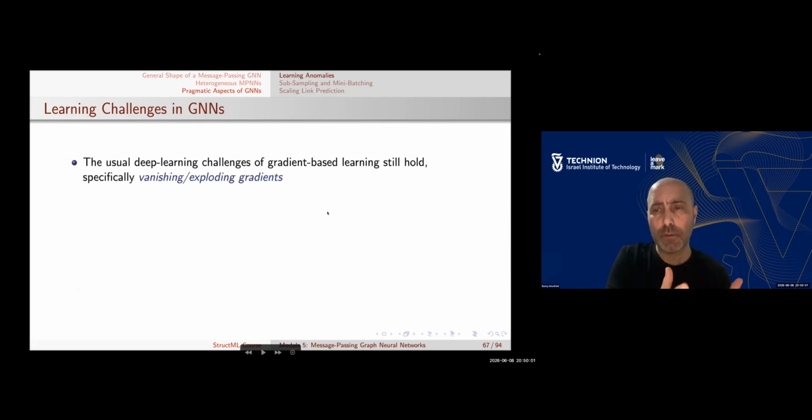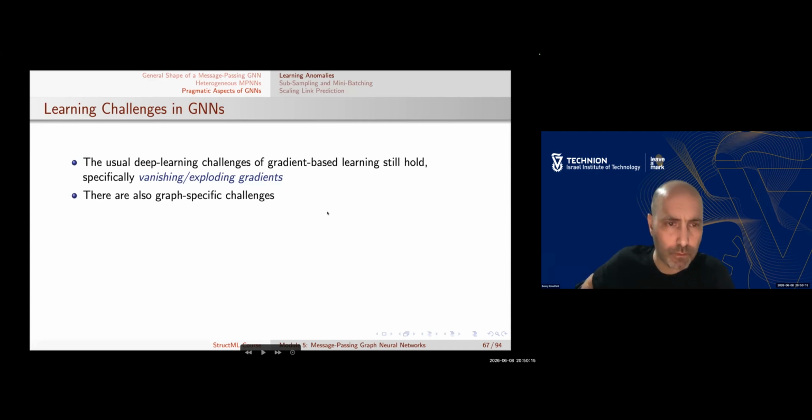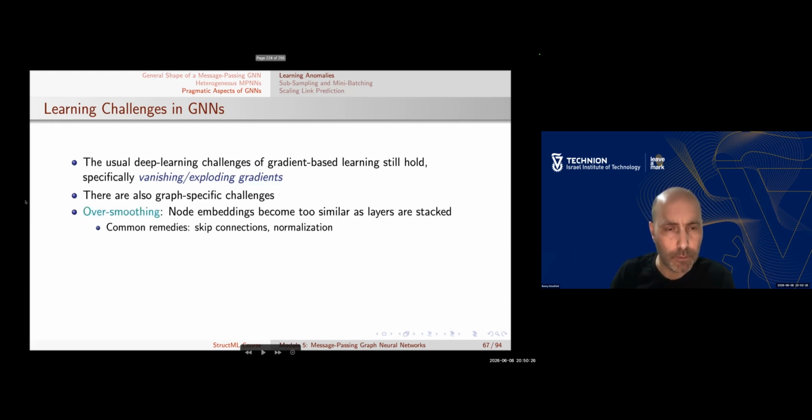The issues that we are encountering generally in deep learning, vanishing gradients, exploding gradients, they still hold, and we still need to deal with these in the usual ways, skip connections and normalization and so on. But there are also some graph-specific challenges that I want to highlight, and these are known and common.